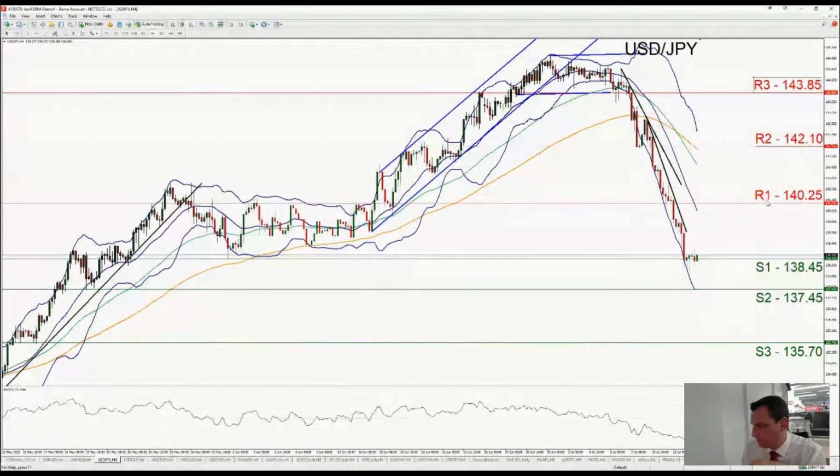It's interesting how the pair has found considerable support, and actually I'm quite happy that we were able to predict that level.